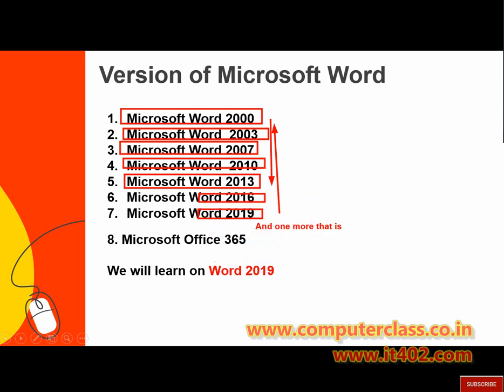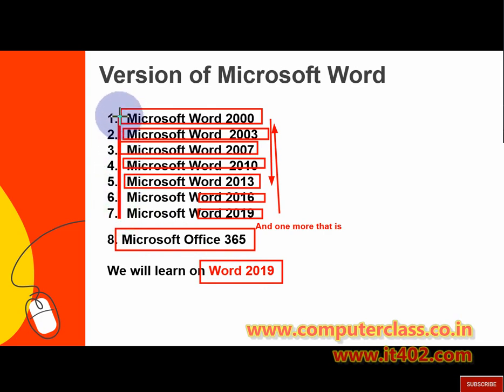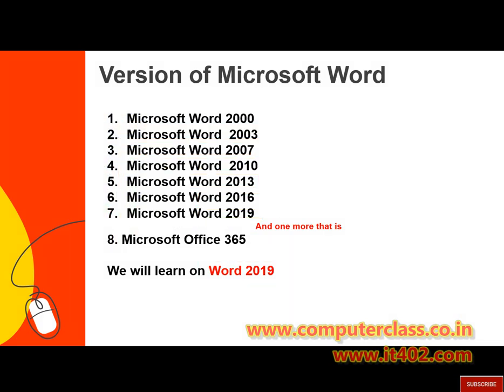The last one is Office 365. This is something different, because in Office 365 we can store and access our data on a cloud basis, meaning our data is saved in our system as well as in the cloud online. We will do all the practice with Word 2019. You can use any version available on your computer.